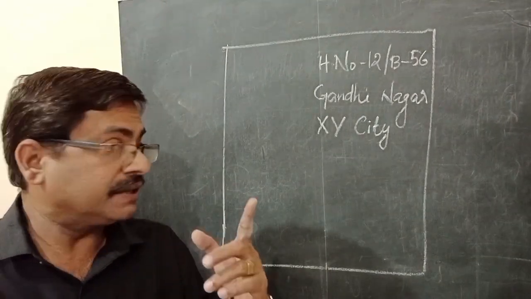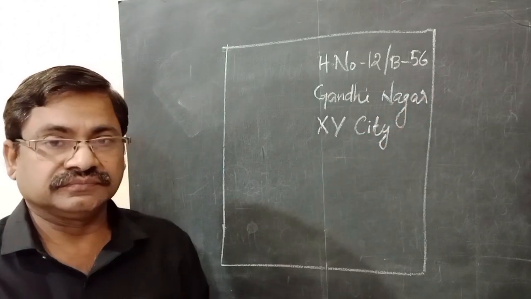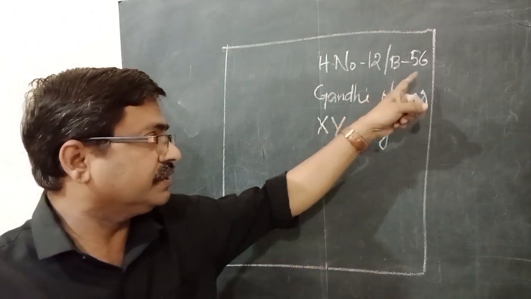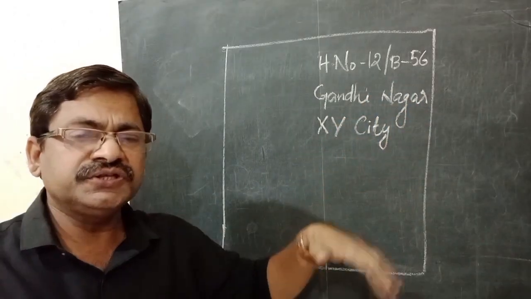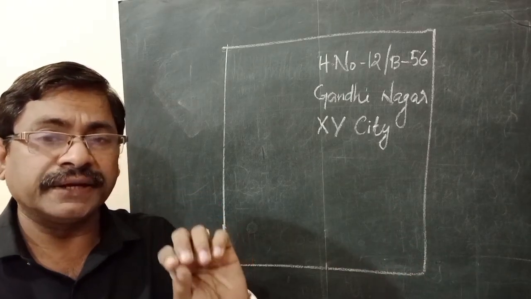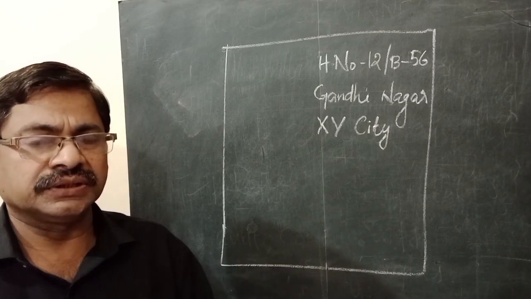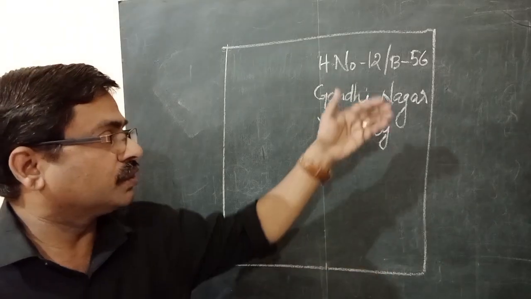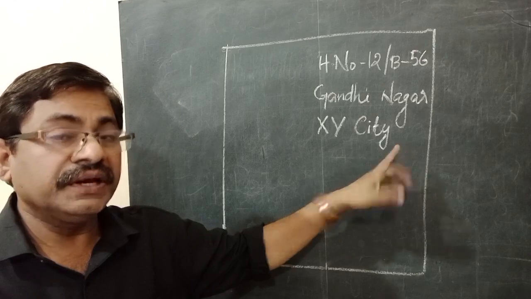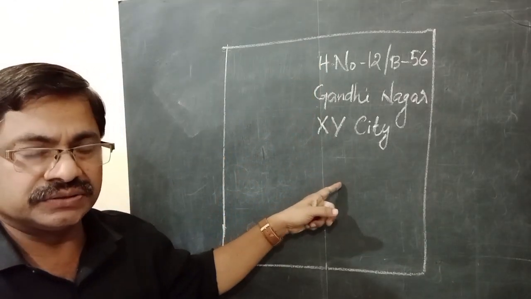Remember that it is better you should not use any punctuation mark here. Whenever you make any errors in using punctuation marks, it will adversely affect your marks. So wrong punctuation marks will be penalized. In order to avoid it, it is better you avoid using punctuation marks. Next, after the self-address, you have to write the date.